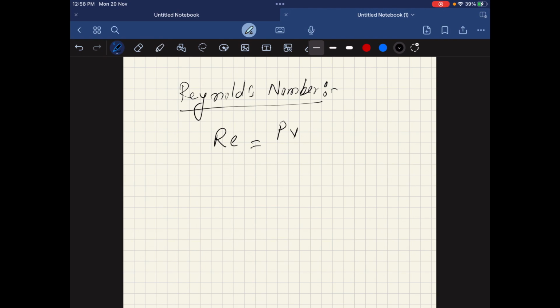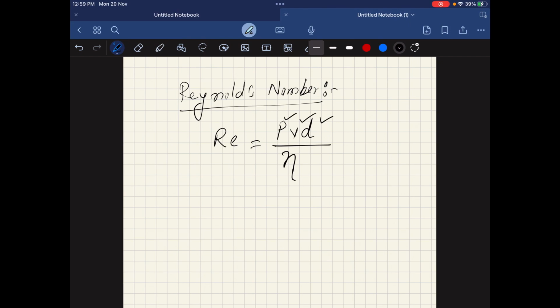And when we say Reynolds number, it is equal to the density, which is denoted by P, and the velocity of the fluid multiplied by diameter of the fluid and divided by viscosity of the fluid.